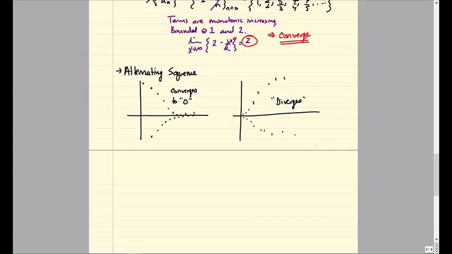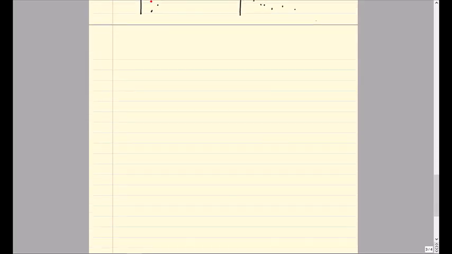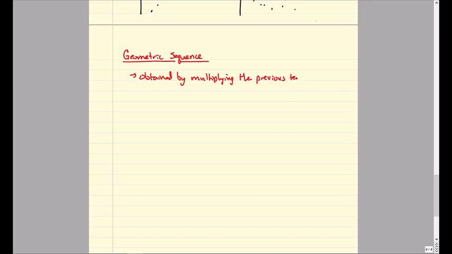So the first particular type of sequence that I would like to work with today is called a geometric sequence. And this is very important. Some of this information is on your formula sheet about a geometric sequence, geometric series. So a geometric sequence is obtained by multiplying the previous term by a fixed constant.